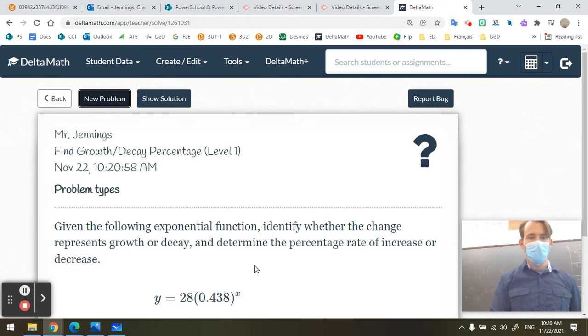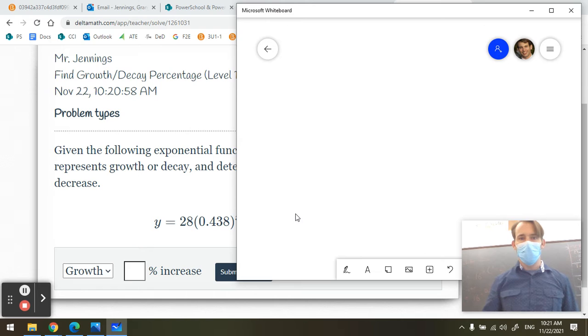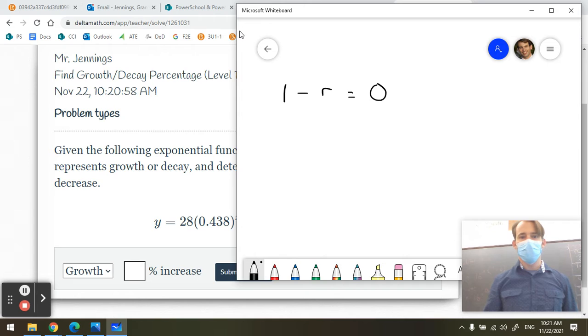Let's take a look at another one. Here we have 28 multiplied by 0.438. To solve a question like this, I may have to do a little bit of math. I may have to say that 1 minus some rate is equal to 0.438, and then use my BEDMAS, my inverse operations, to solve this.